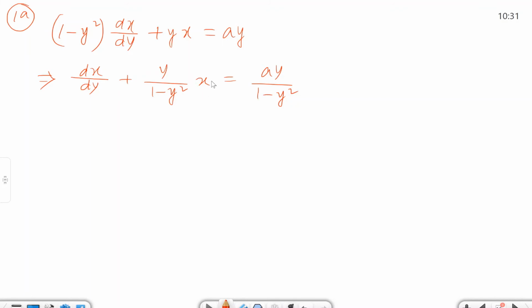Here we have Px equal to Q, with all terms in y, so it is a linear differential equation in x. So therefore integrating factor is equal to e power integration P, meaning this one, y by 1 minus y square, this time it is dy.